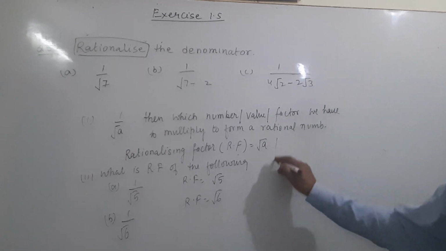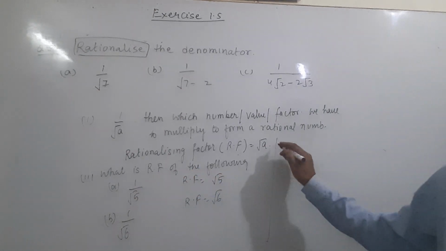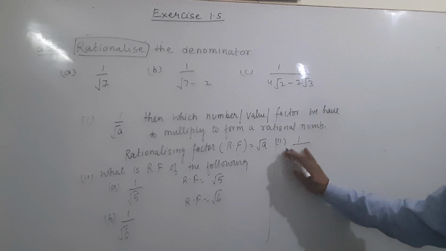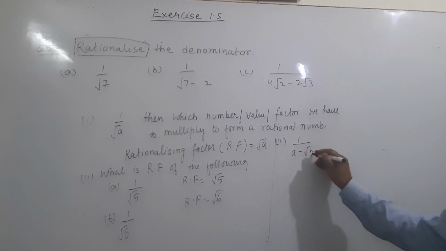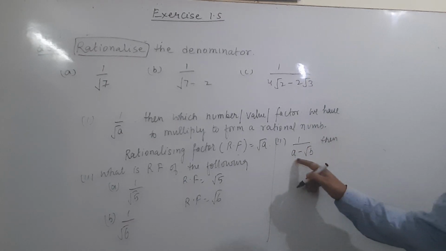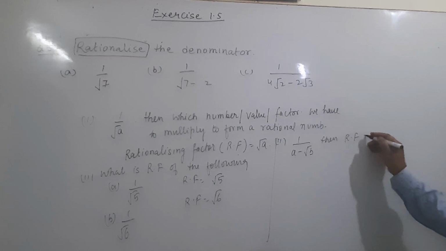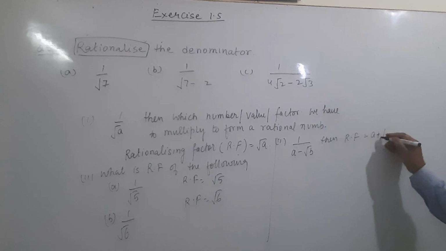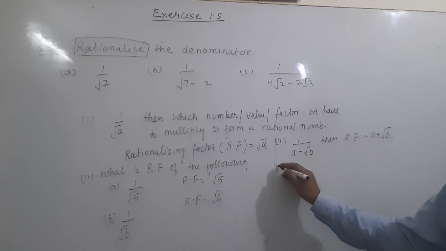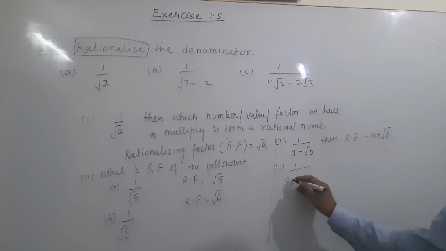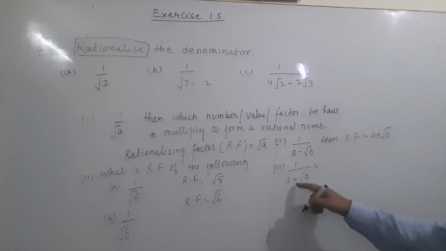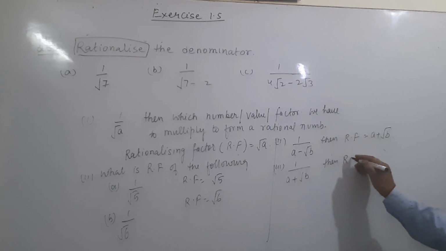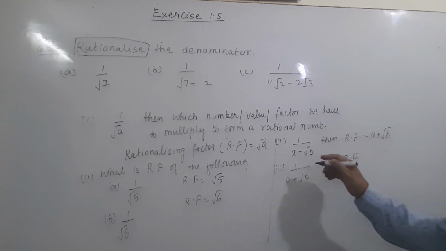Similarly, for the second type, if it is like this, root a minus root b, then RF will be root a plus root b. We change the sign. Third part: 1 upon a plus root b. Then what is the RF? RF means rationalizing factor.